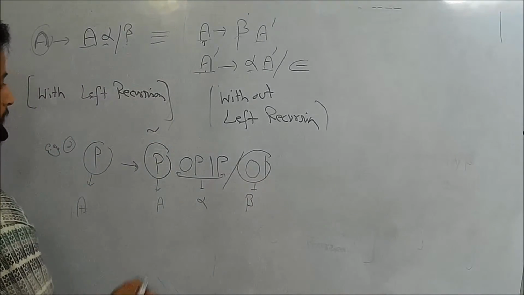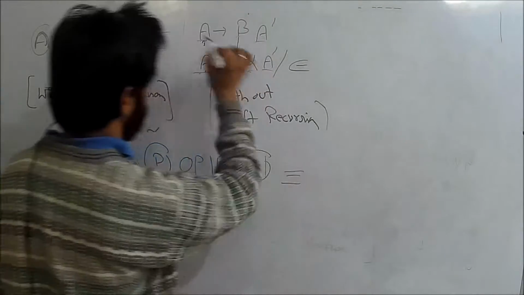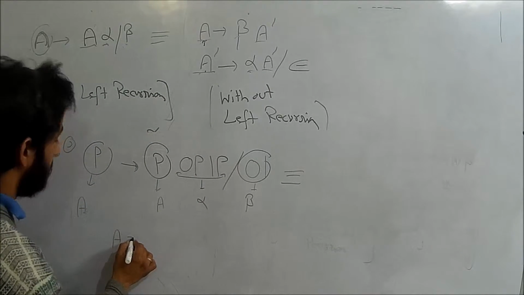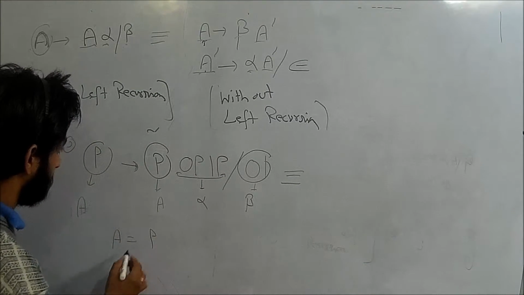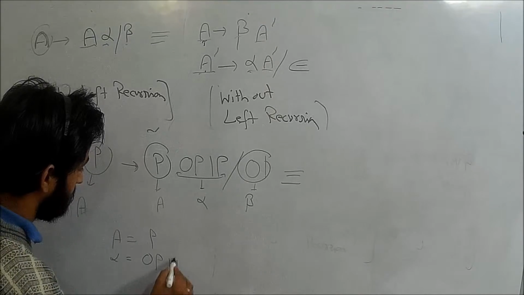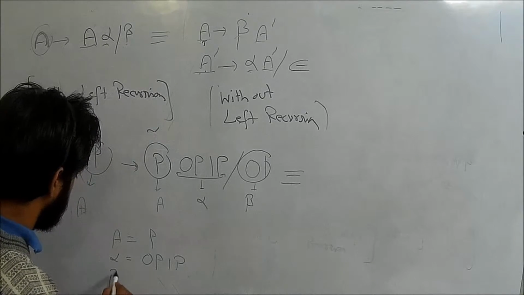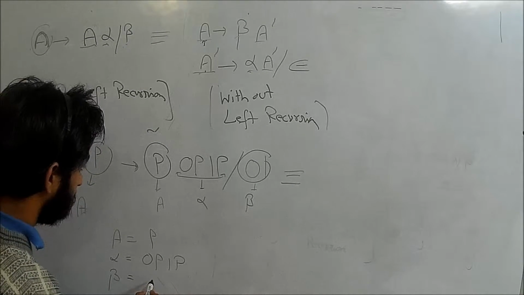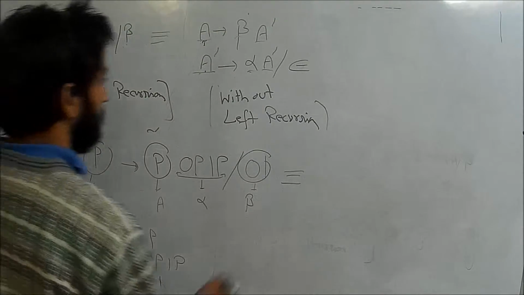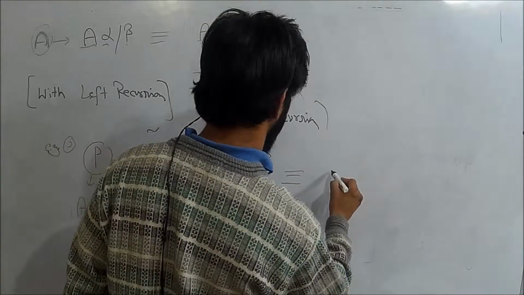So now we change this grammar to an equivalent grammar. Let us write here A is P, alpha is 0 P 1 P, and beta is 0 1.